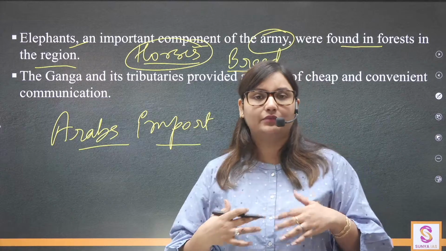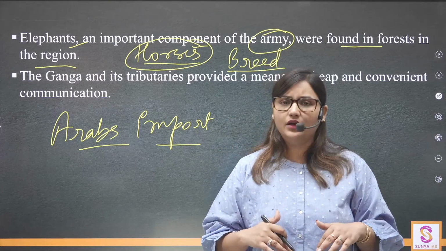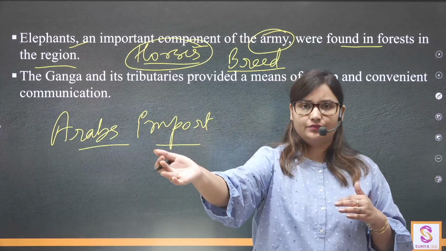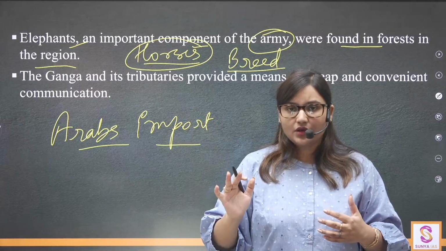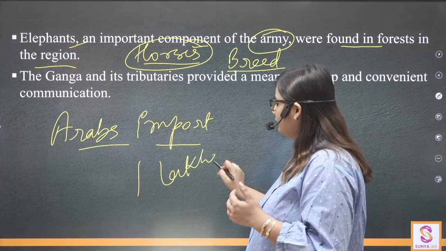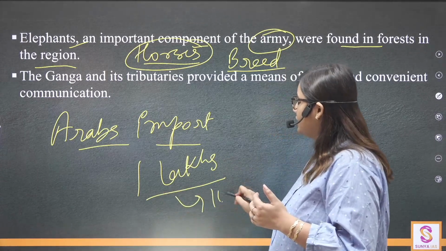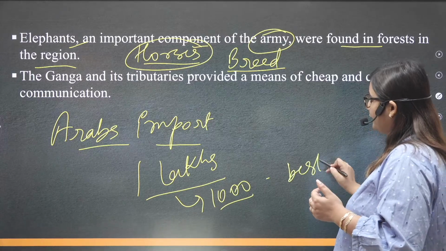If you have something very good in your country, and you know this is the best utility for you, you'll never give it to someone else. Even if you sell it, it will be very expensive. So if we are importing let's say 1 lakh horses, maybe only 1000 of these horses are best breeds.